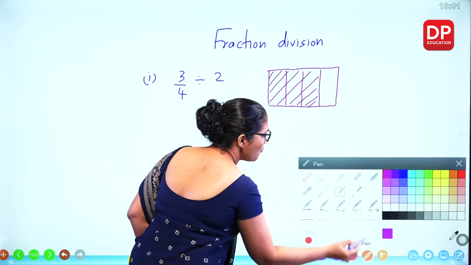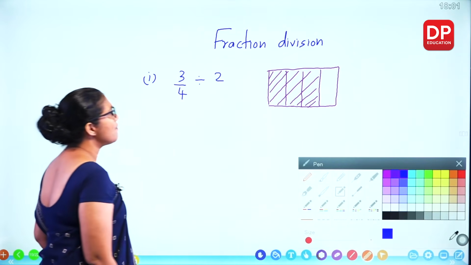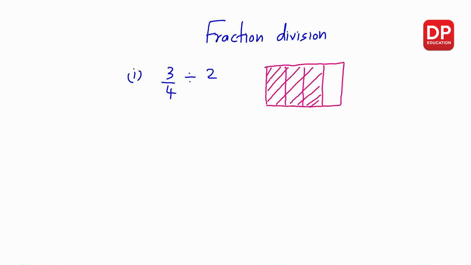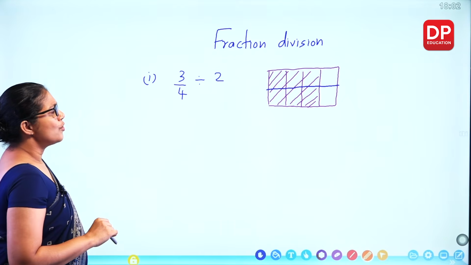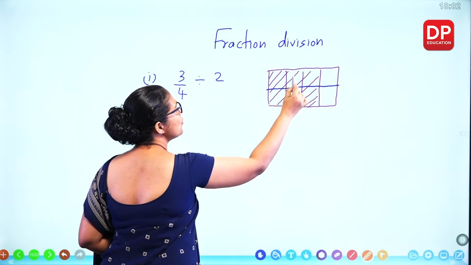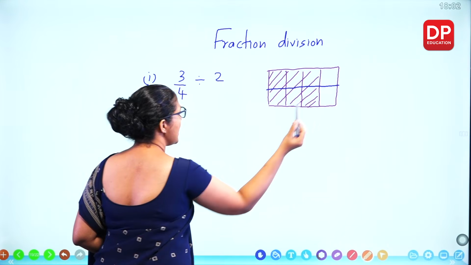And now we need to divide this by 2. So what I can do, I can divide all these parts by 2. So how many parts are there now altogether? 1, 2, 3, 4, 5, 6, 7, 8.